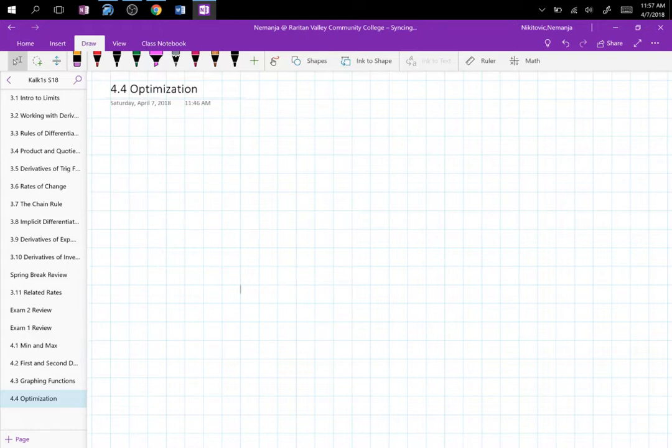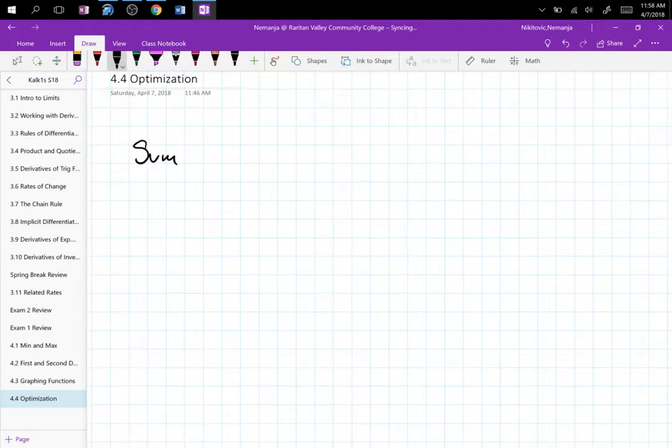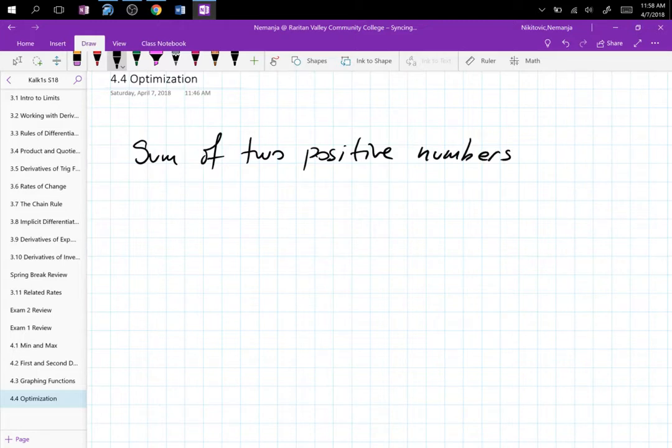So the first order of business is to just take a look at the procedure, and we're going to take a look at, let's say, the sum of two positive numbers is 100.